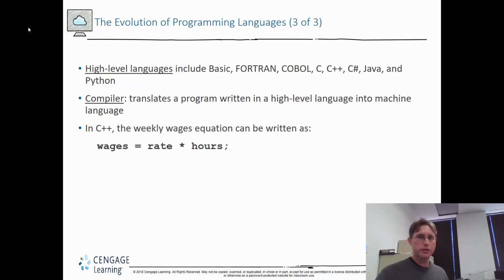Interpreted languages include a lot of your scripting languages, like Perl and PHP and shell scripts. Even the original BASIC programming language was interpreted, I believe. Right. Does that make sense? That difference there?